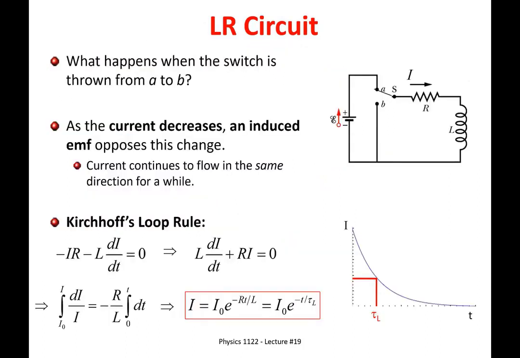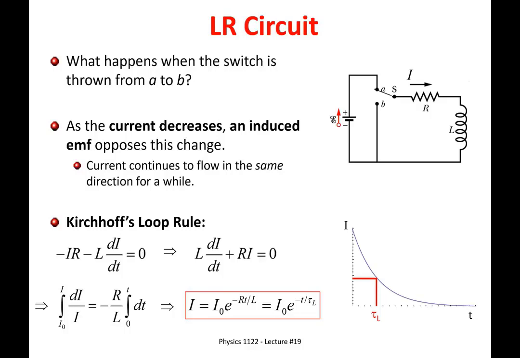The other situation we encounter with an LR circuit is that if we have a current flowing in the circuit and we now switch the battery out of the circuit, then the current in the circuit is not going to immediately drop to 0 if there is inductance present. Rather, it's going to fall off gradually towards 0, and that's illustrated in the circuit diagram.